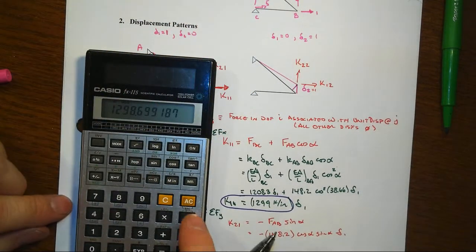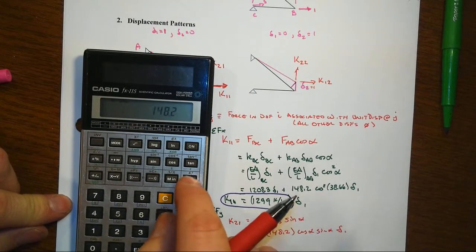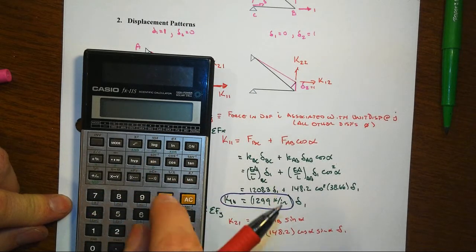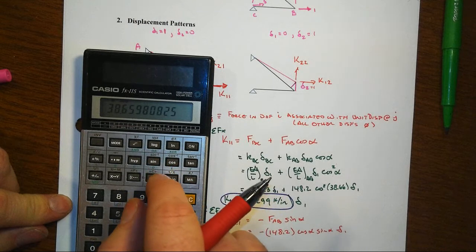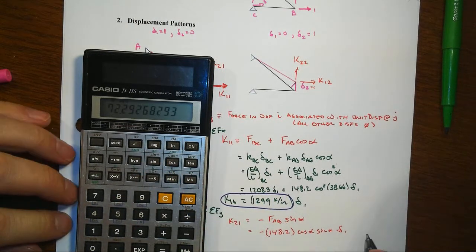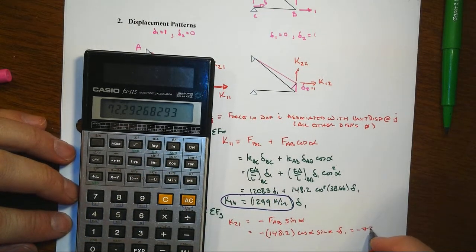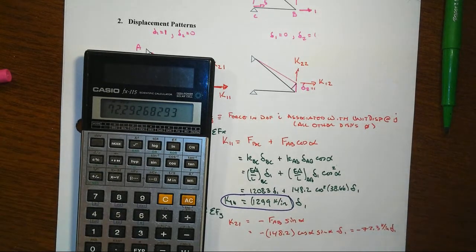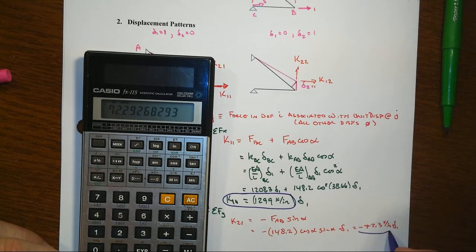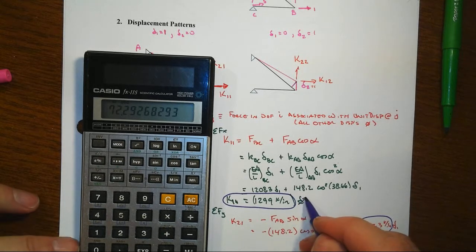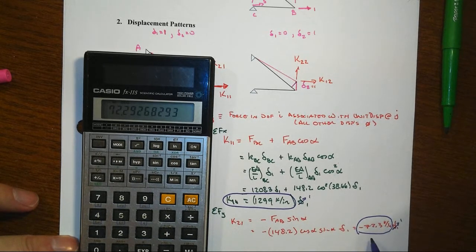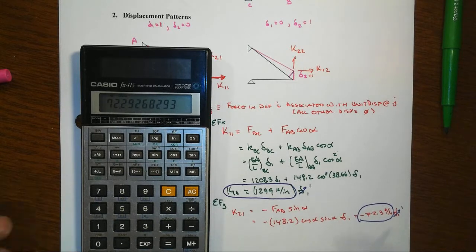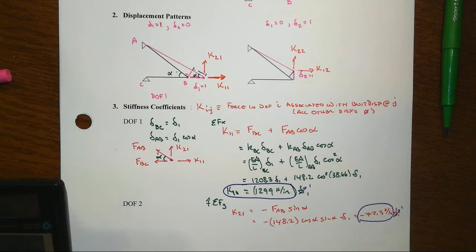And so when we do that, 148.2 times the cosine of that times the sine of that, and we get minus 72.3 kips per inch delta 1. And there again, your K21, because remember delta 1 was actually equal to 1 here in this displacement pattern, so that's why K21 is what that portion is that's left over.